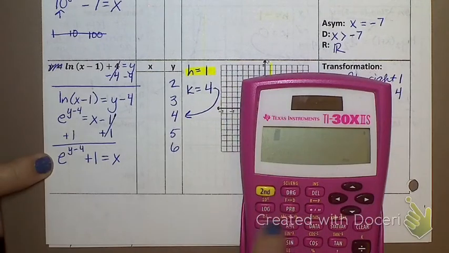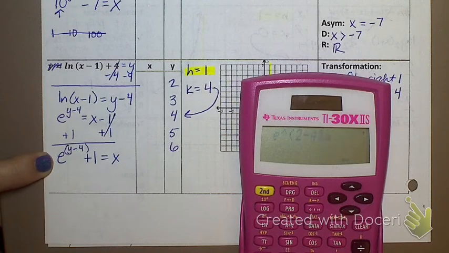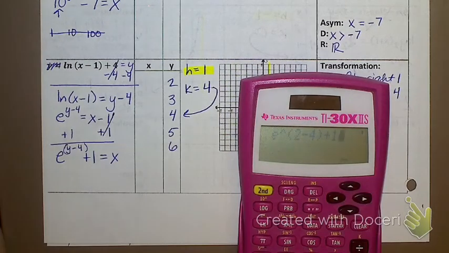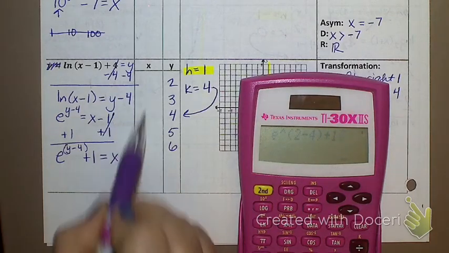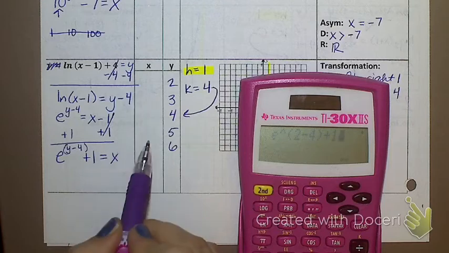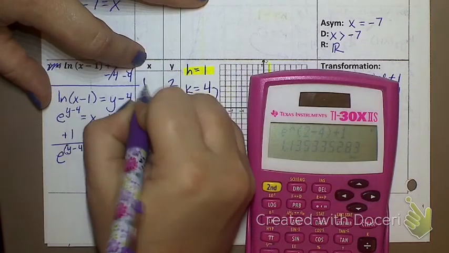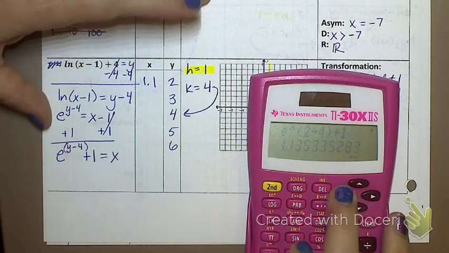So e to the, again, throw this in parentheses, 2 minus 4. By the way, as I close my parentheses and push plus 1, e is an ugly number, if you remember from last semester, which means that every single thing you calculate with is going to be an ugly decimal. So just be prepared for that. 1.13, we're just going to call it 1.1.